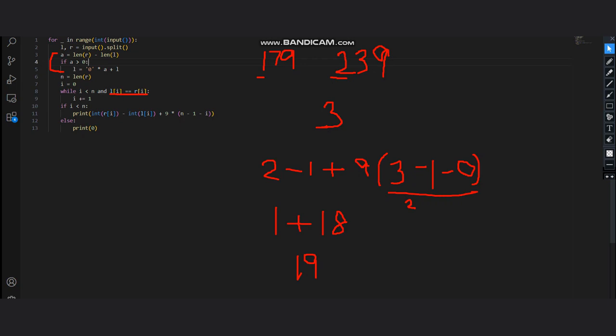So we simply take the difference between the digits and add the 9 multiplied by n minus i minus 1 to the solution. This is done to account for the maximum possible contribution from the remaining digits. But suppose i is not less than n, then it means all digits in R and L are the same. So we print 0 in this case.